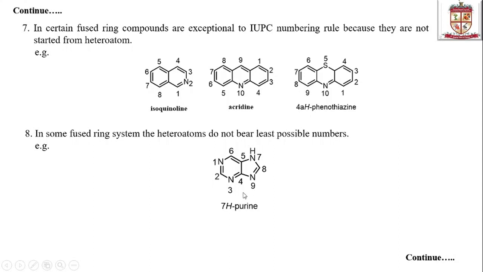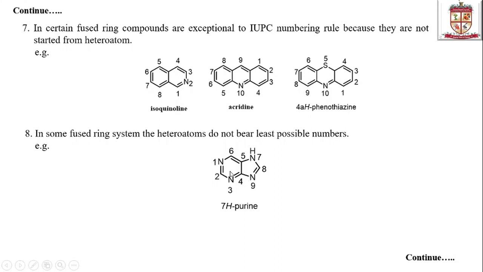In purine the numbering is 1 2 3 and then 4 5 6. First we complete one ring, and then we go forward to the other ring.